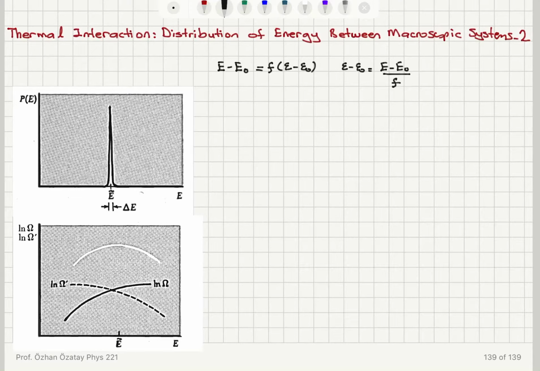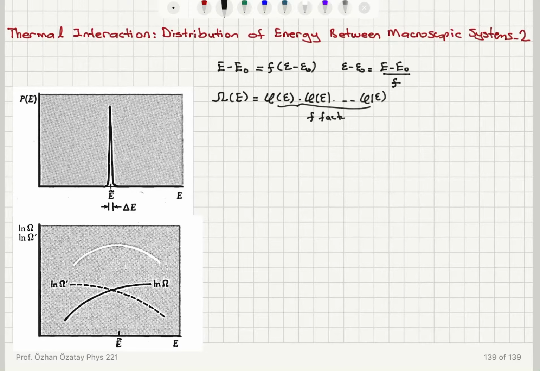And the number of accessible states we have for the total energy E was equal to the number of values a quantum number can take for energies less than epsilon, and we have f of those, so we have phi of epsilon multiplied for f factors, a total of f factors.